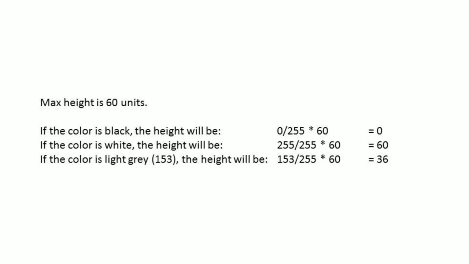If that pixel is white, which is 255, then 255 divided by 255 times 60 is 60. If it's a light gray, let's say 153, then 153 divided by 255 is 0.6, times 60 gives us 36. So we can mathematically determine these heights based on the color.